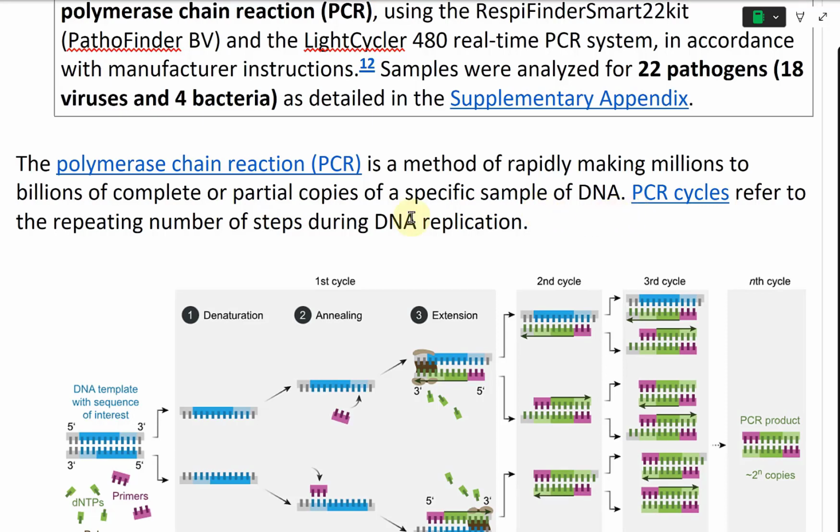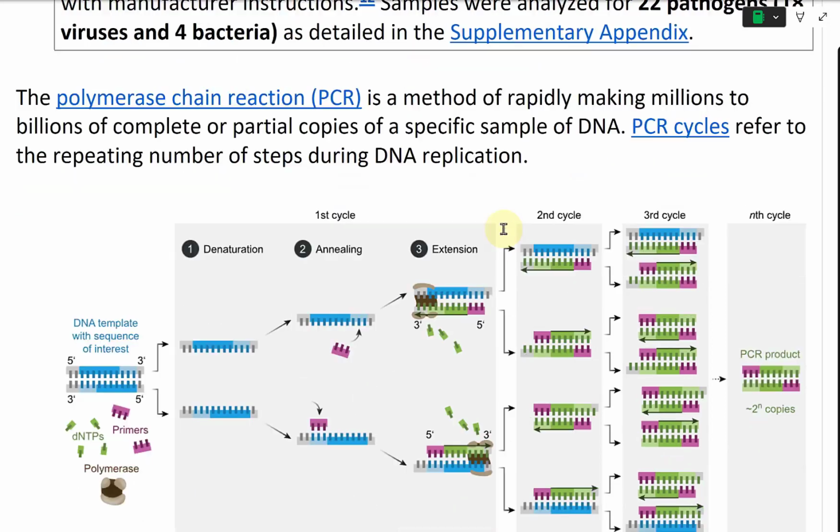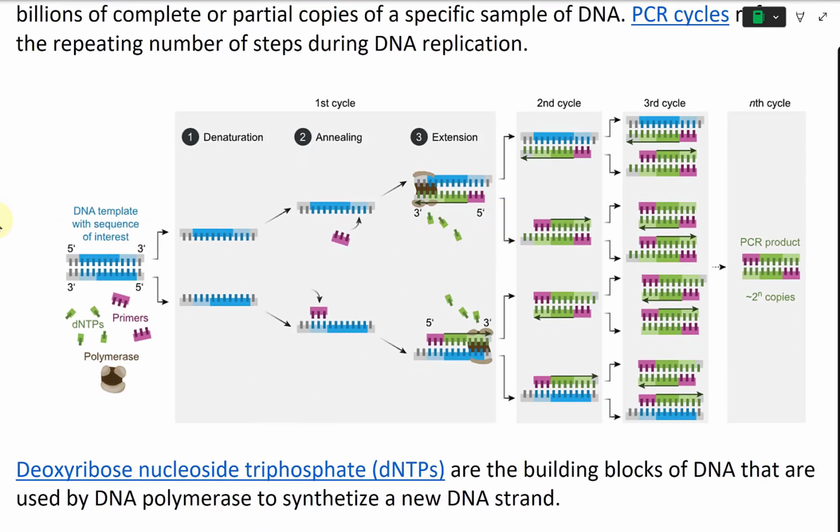And PCR cycles refer to the repeating number of steps during DNA replication. So you have a DNA template with a sequence of interest, and then a whole bunch of primers, or starting sequences, the targeted ones.